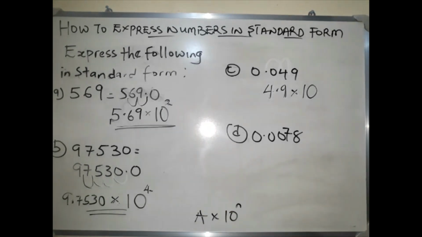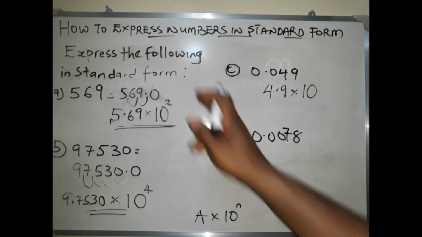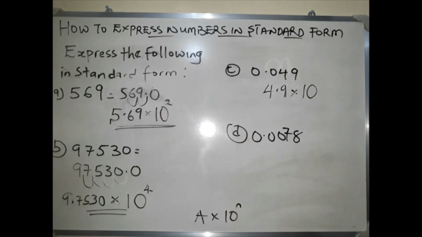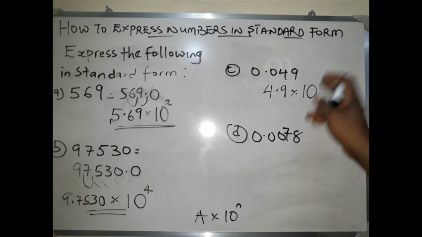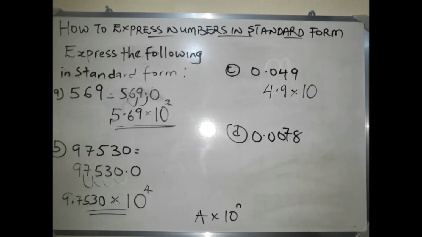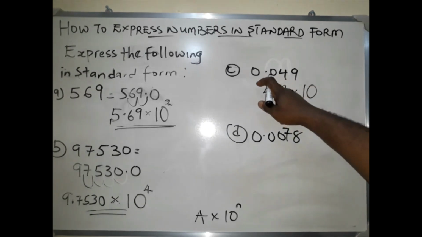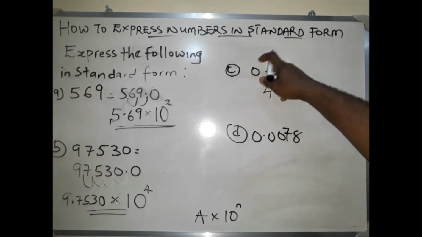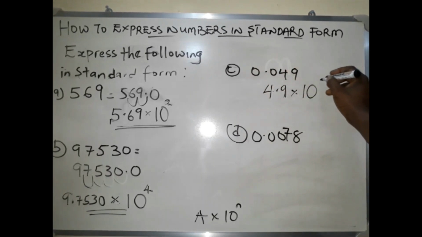In this case, if the number of places is to the left, the power of 10 will be positive. But if the movement of the decimal point is to the right, the power of 10 will be negative. So now, the number of places we moved it here was how many places? 1 and 2. So it's going to be 2.